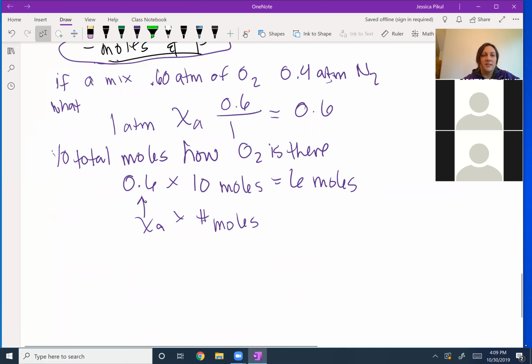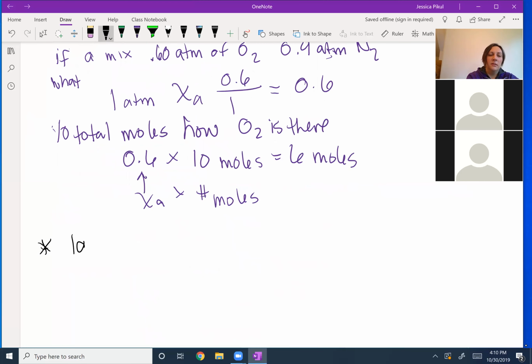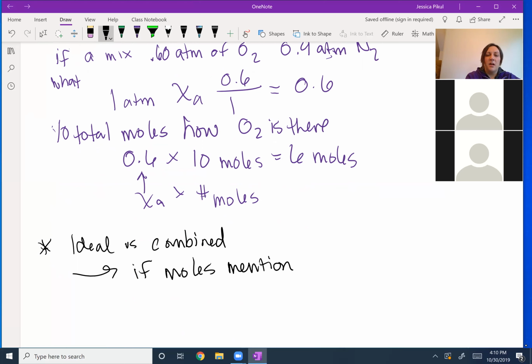So for ideal versus combined, if moles is mentioned at all, then you use the ideal gas law. That simplifies it, right?